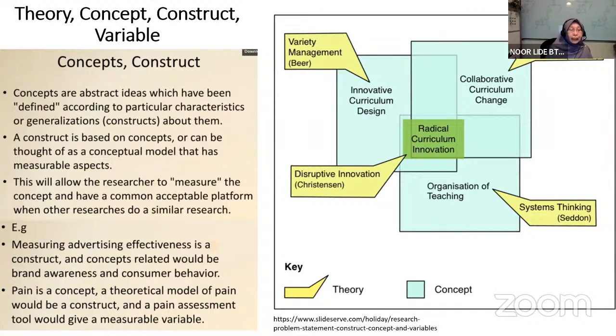For example, length is a concept. A long time ago, people came to agree that you can measure length by using feet and inches and yards and so on and so forth. And then later they changed it to the metric system, so it is something that people have agreed to.